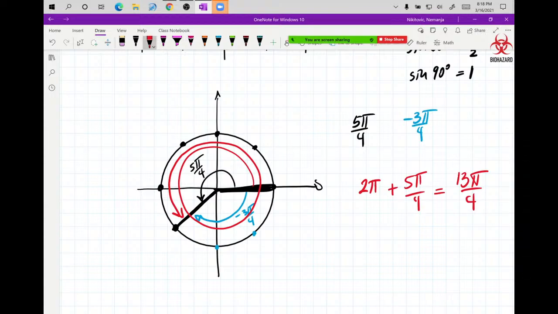I can keep adding 2 pi, which is why we can say that all angles of the form 5 pi over 4 plus 2n pi are going to land in the same spot. All of them. And that means that we have a lot of angles that will end in the same spot.